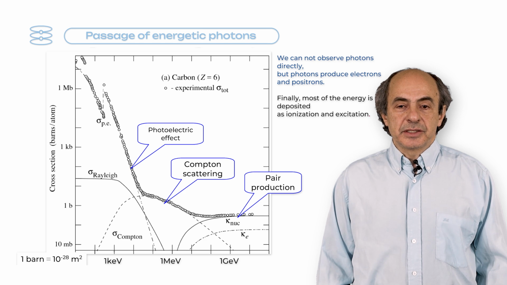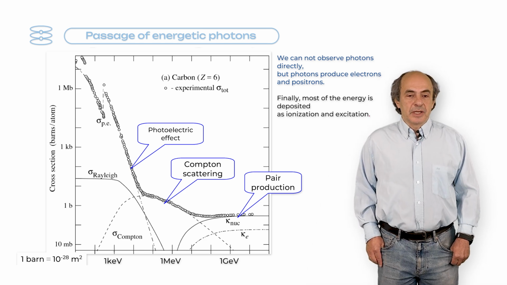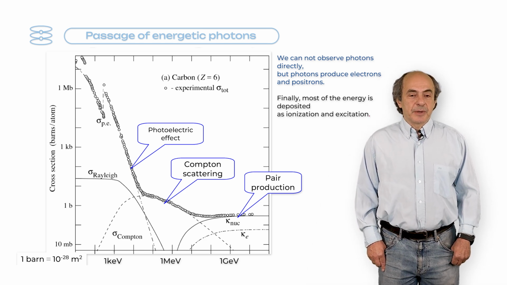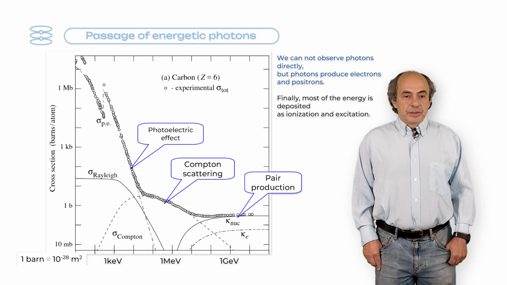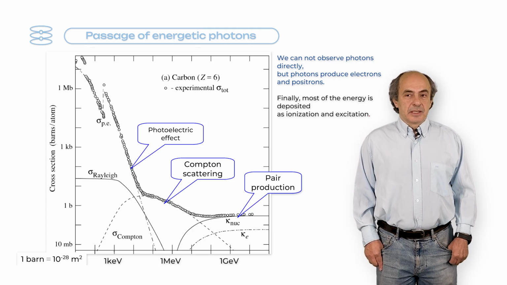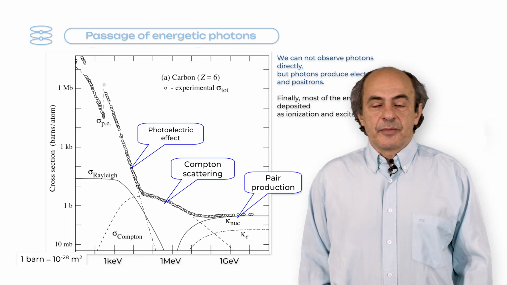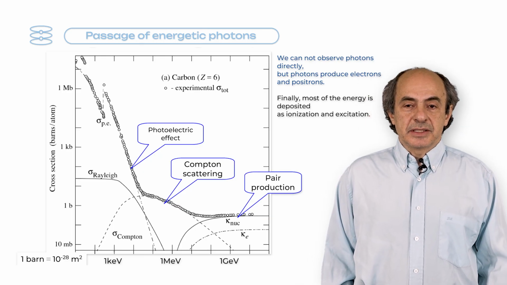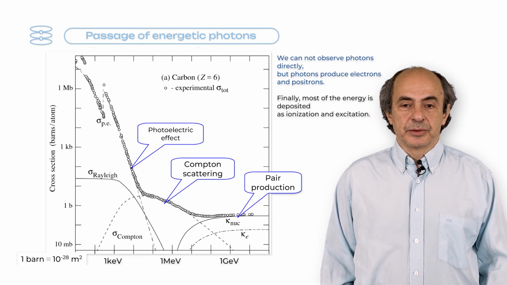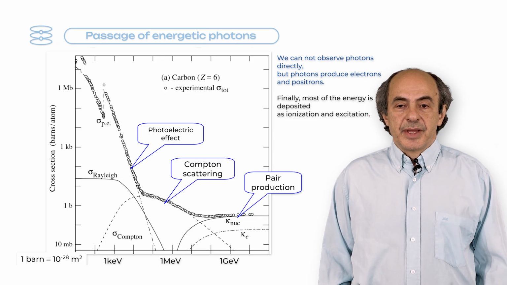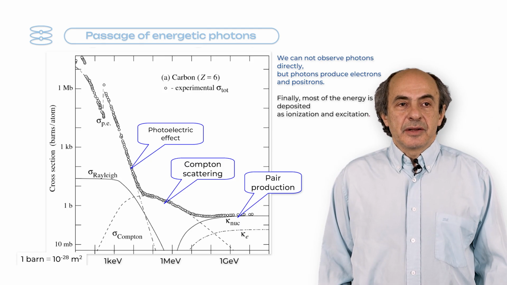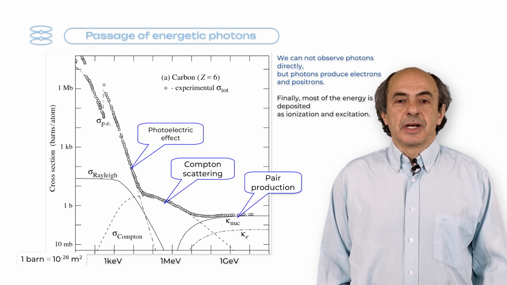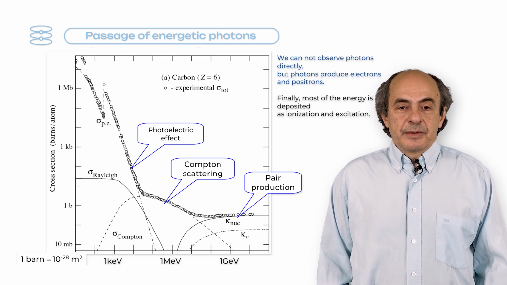And when the energy reaches the threshold energy, pair production becomes dominant. We can't see the traces of photons directly, but we can see the electrons and positrons produced by them. And finally, most of the energy deposited in the matter goes to ionization and excitation.